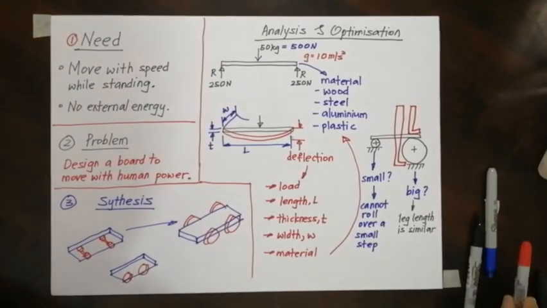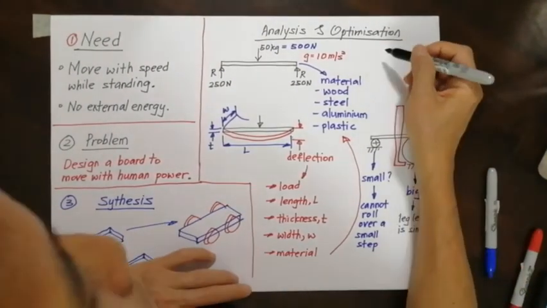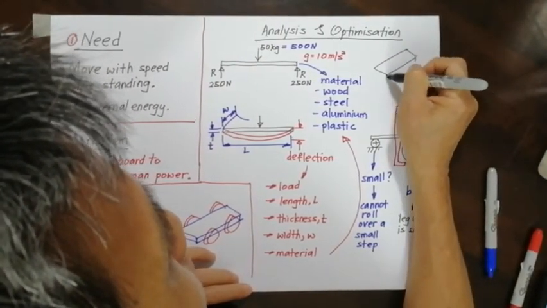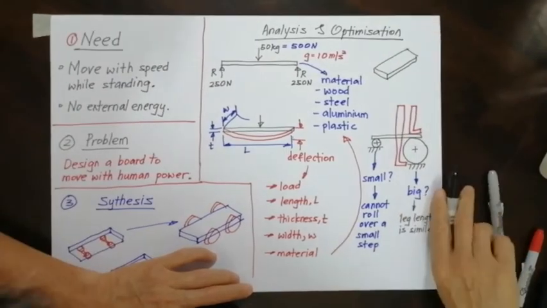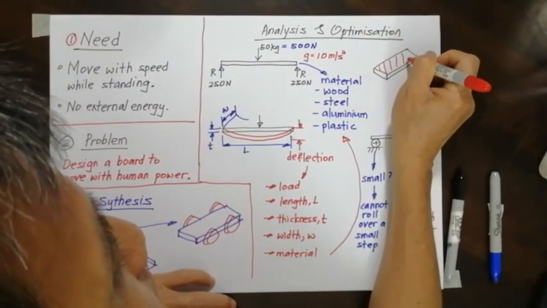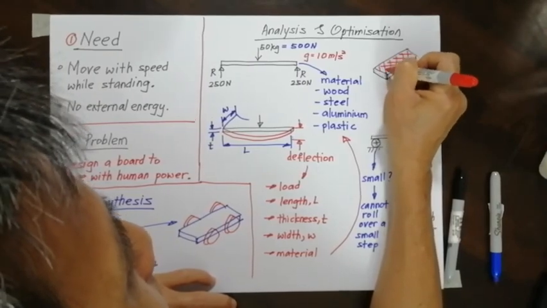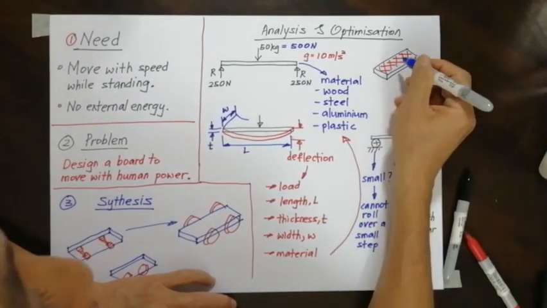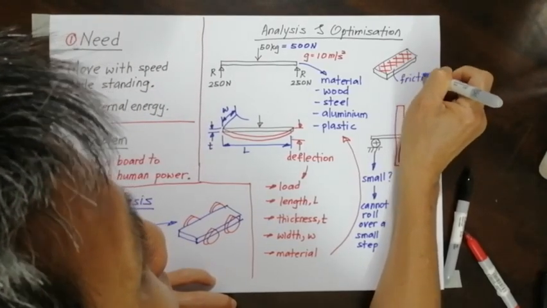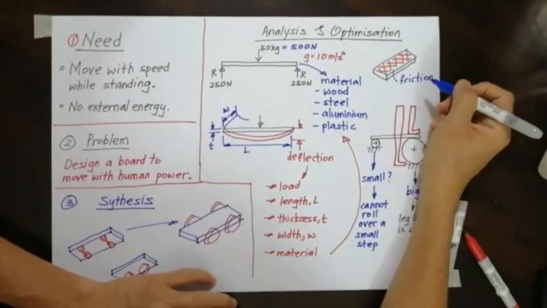Finally, let's look at the board surface now. Let's say this is a board. What about the surface? You know that on this surface we have roughness. In engineering we call it friction. So what does friction depend on?